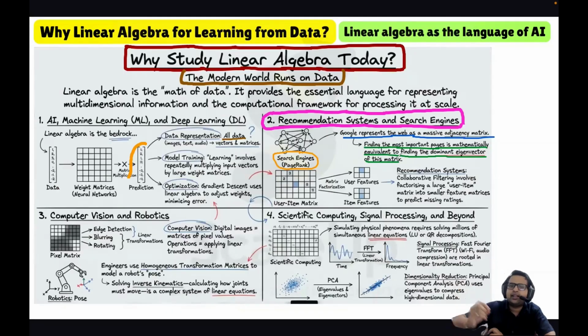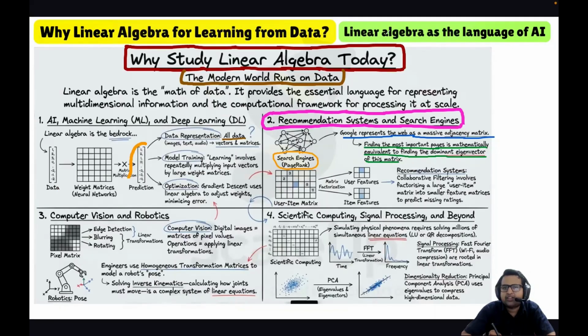Wherever there is a link between web pages, that will be an entry in the adjacency matrix, and we find the most important pages mathematically using linear algebra, using the concept of eigenvector. We find the eigenvector of this adjacency matrix, which gives us the most important pages, and hence we are making use of linear algebra here.